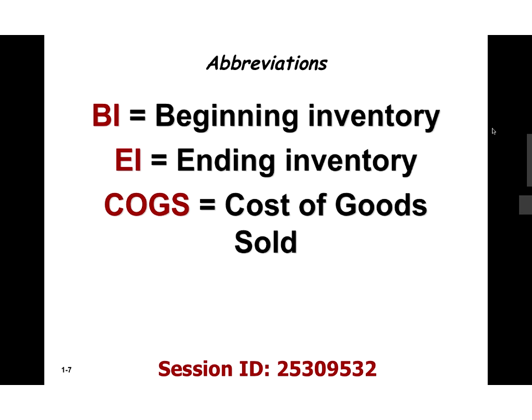A couple abbreviations we're going to need in this chapter because when we write things down, these get lengthy if we write them all down all the time. Beginning inventory, BI, ending inventory, EI, and cost of goods sold, COGS. COGS is a common abbreviation in the workplace. I'll give you a minute to write those down.